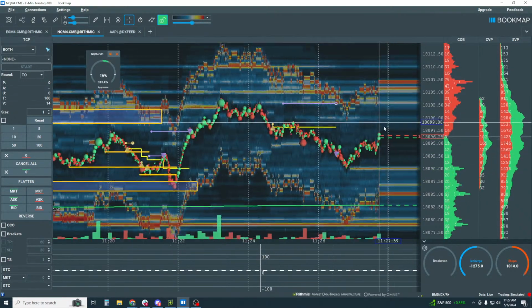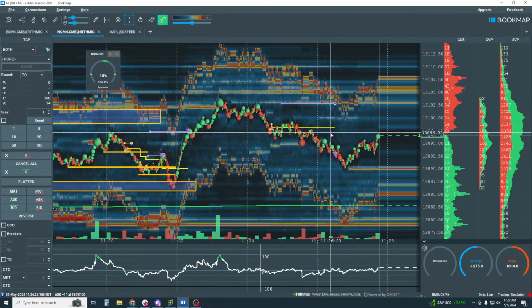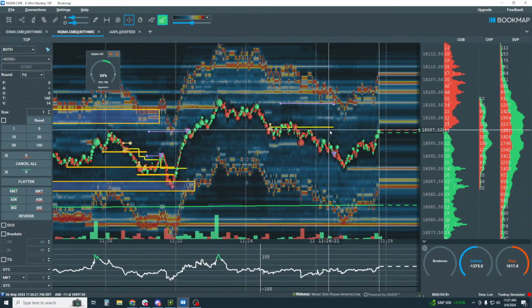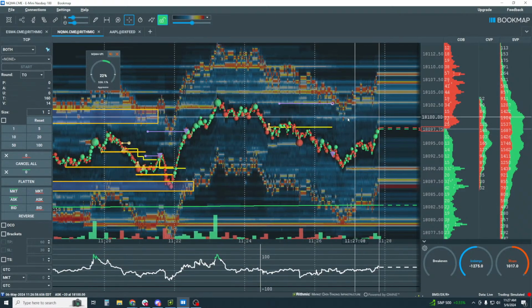Anyway, the swings are what we're looking for. Okay, and then rejection, we want action around those swings.